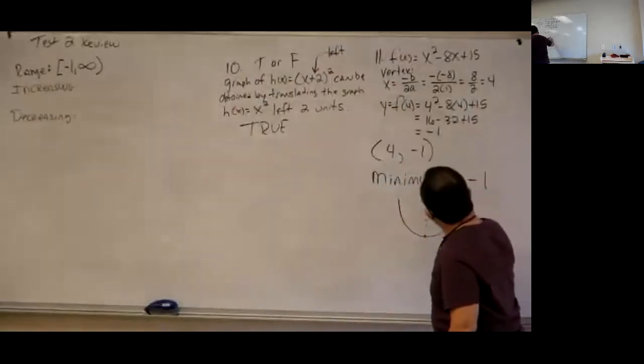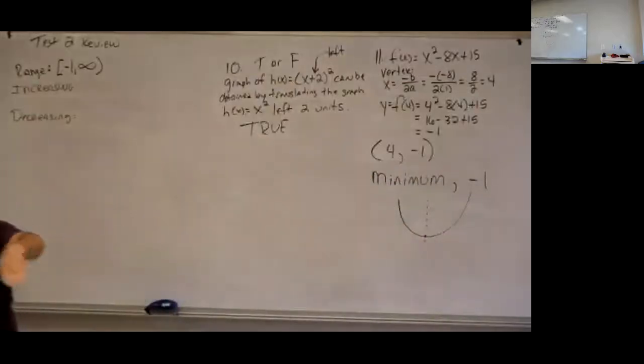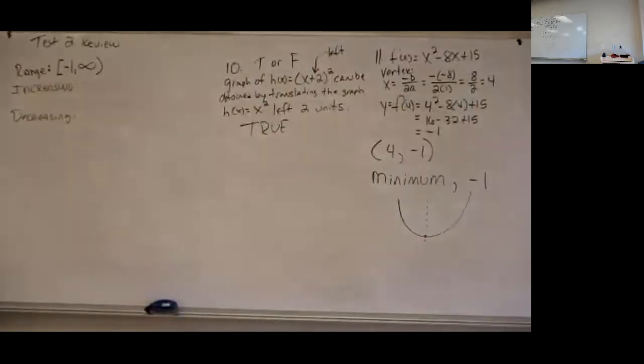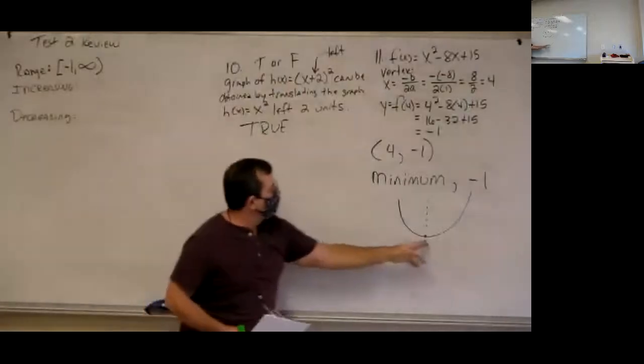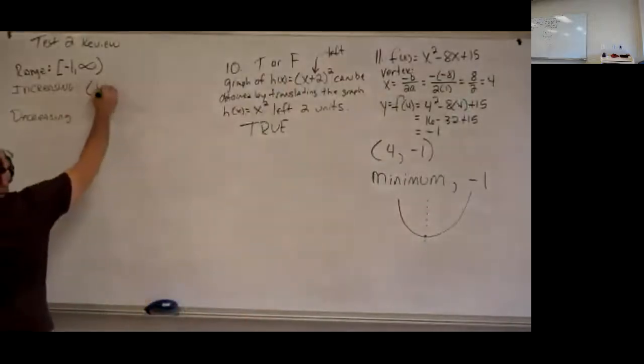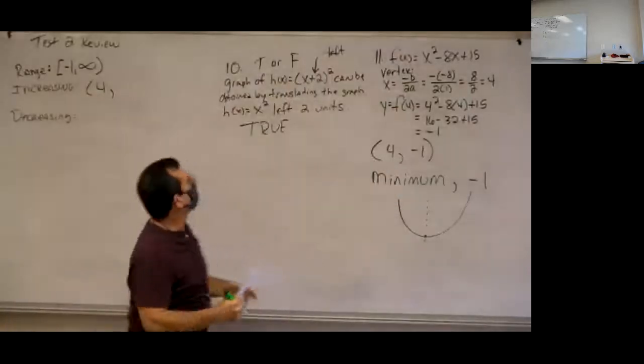So what I'm looking at is that x value where it stops going down and it starts going up. So that had to be the x value of 4, right? So that's my line of symmetry right down the middle of that. So notice the increasing part is going to start at 4 on the x-axis. So you start at 4 and as you head towards infinity.